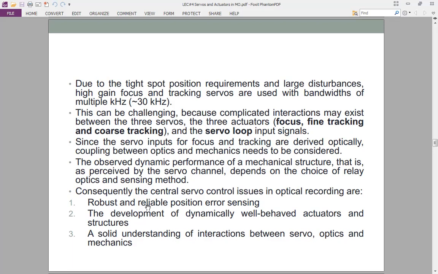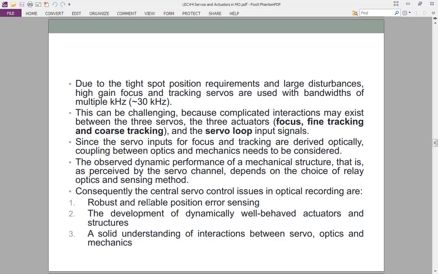So the challenge that comes with coupling optical and mechanical systems is that if it is not done correctly, the system will not be robust and reliable.